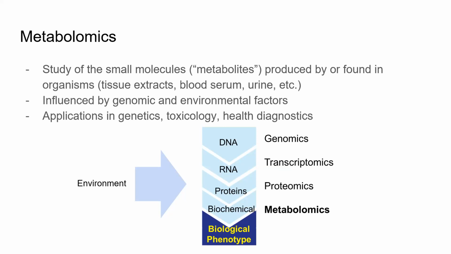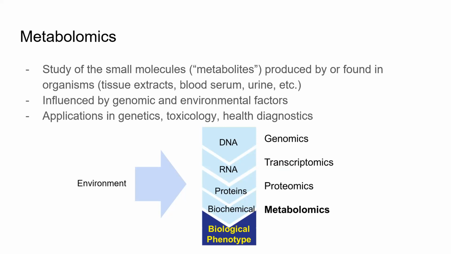This set of metabolites, the presence or absence of metabolites, or how much of each metabolite, can be influenced by genomic and environmental factors. For example, in the diagram at the bottom, we start with DNA. DNA makes RNA, which makes proteins, and it's the proteins that perform the chemical reactions that make all the small molecules in the body.